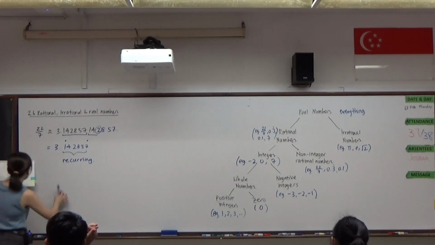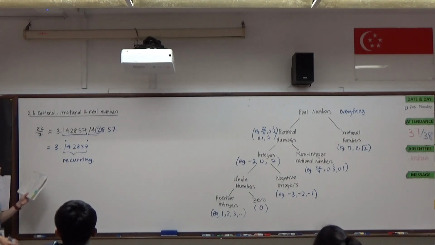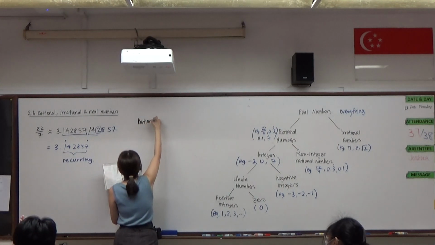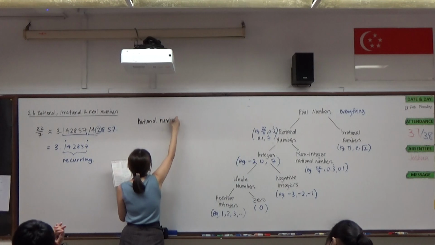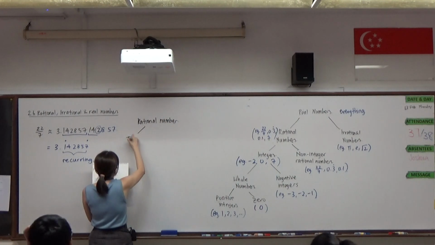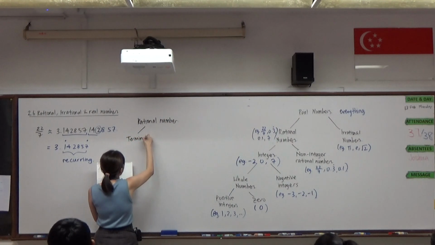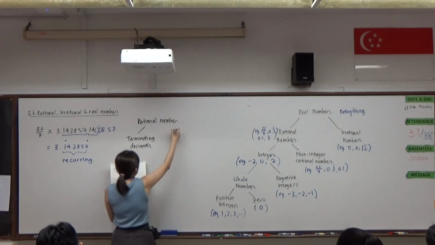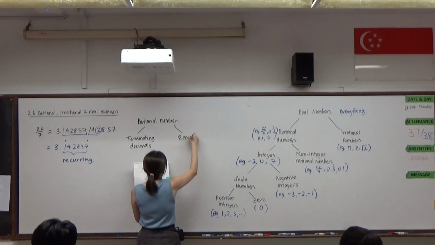So that's our idea about recurring decimals. Out of our rational number system, we have our terminating decimals as well as recurring decimals.